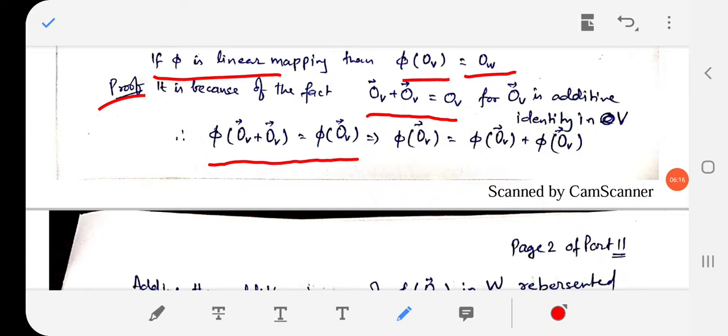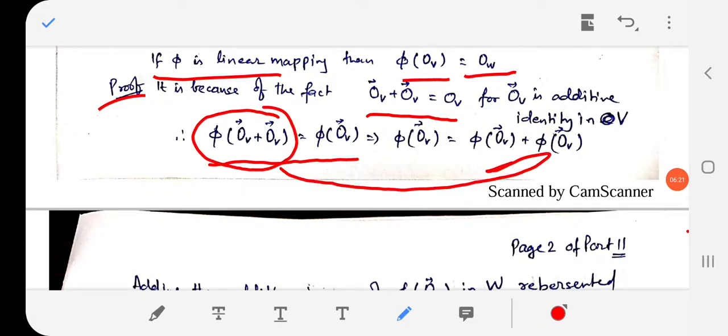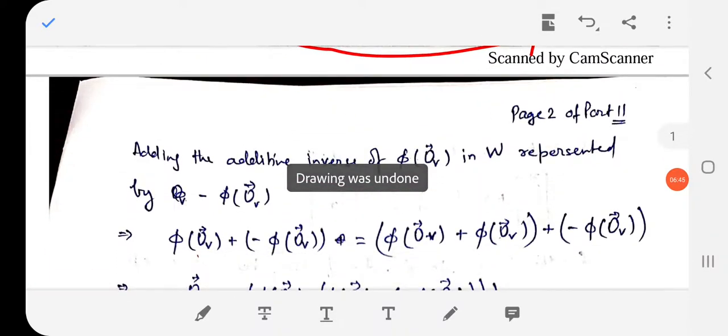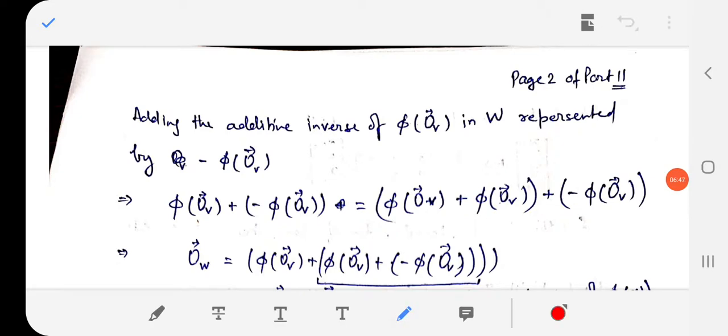Since it is a linear mapping, you can write this as this expression. Now, since these are the two sides of the equality, you can take the additive inverse of this particular thing on both sides, and you will get this and this.